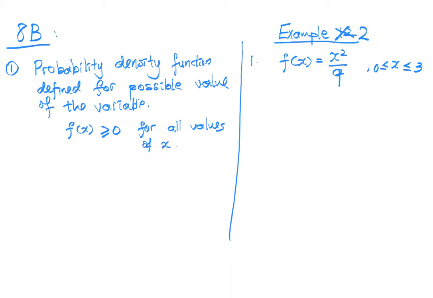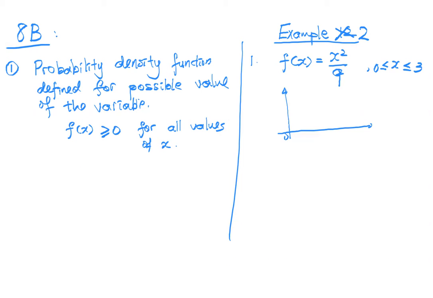Is this true? Let's sketch the graph for this function. For the probability density function to be valid, the first criteria must be fulfilled. Can a probability be less than 0? Cannot. It cannot be negative.